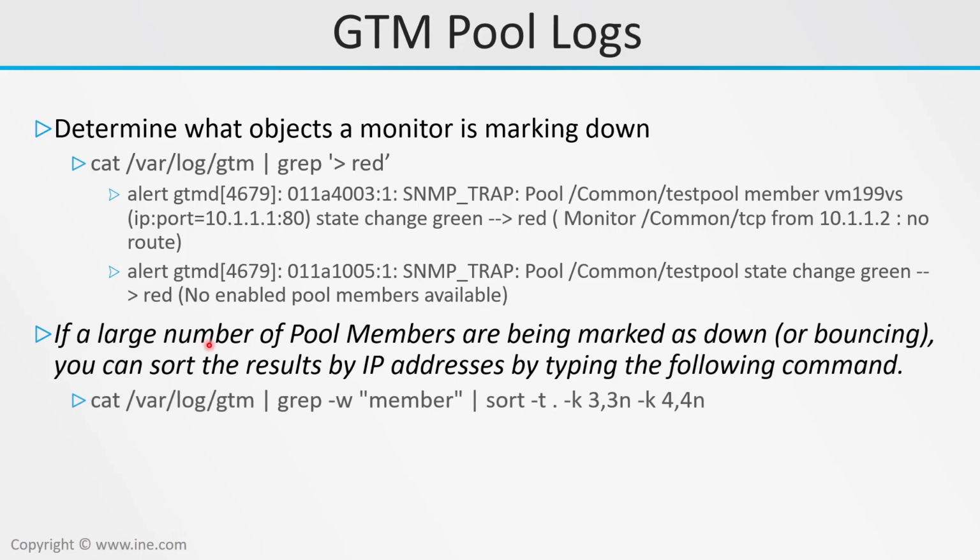Okay, and next, if you want to sort for a large number of pool members that are being marked down or are bouncing, you can sort the results by IP address using the following command. So in this case, we're doing a cat for the GTM log, grepping -w, so we're matching the whole word exactly. So instead of matching on members, we're going to match on just member singular, and then we're sorting that content based on the IP address.